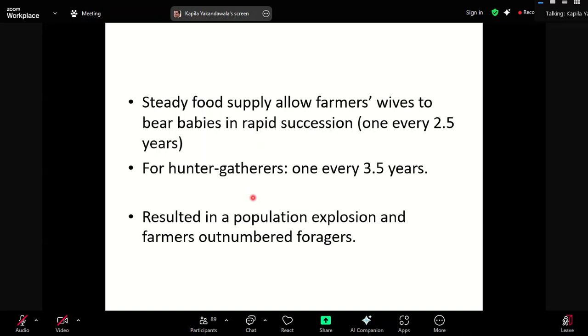Foragers, hunter-gatherers gradually disappeared and farmers increased in population. After several years, more people gathered in cities. So the problem of urbanization came into the scene.